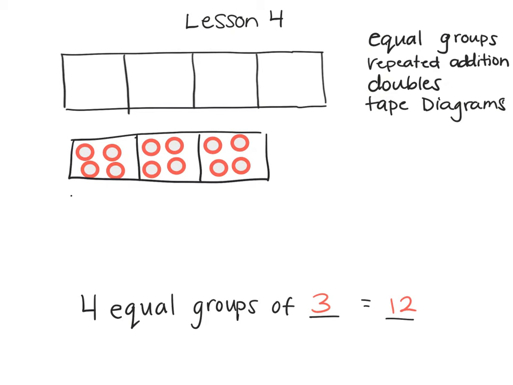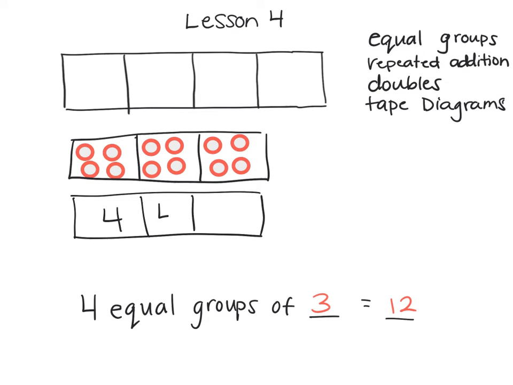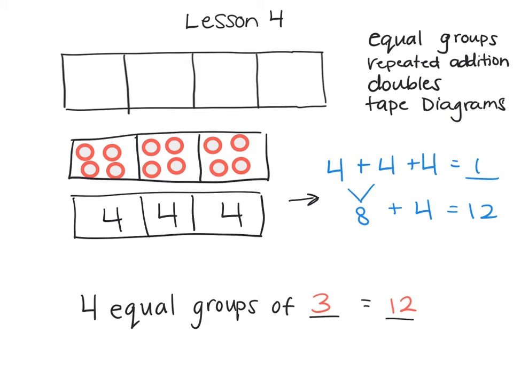So I can re-show that now in a different type of tape diagram. I could say 4, 4, and 4. So I'm going to rewrite it now as a repeated addition equation. 4 plus 4 plus 4 equals blank. And now I can do some doubles. 4 plus 4 equals 8, plus 4 more equals 12.